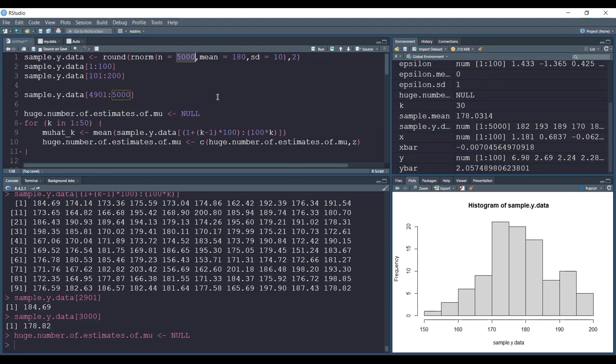Imagine all of us, but it is 50 of us. We all go out in the real world, and we each take 100 measurements. We observe 100 data subjects and record heights of individuals.